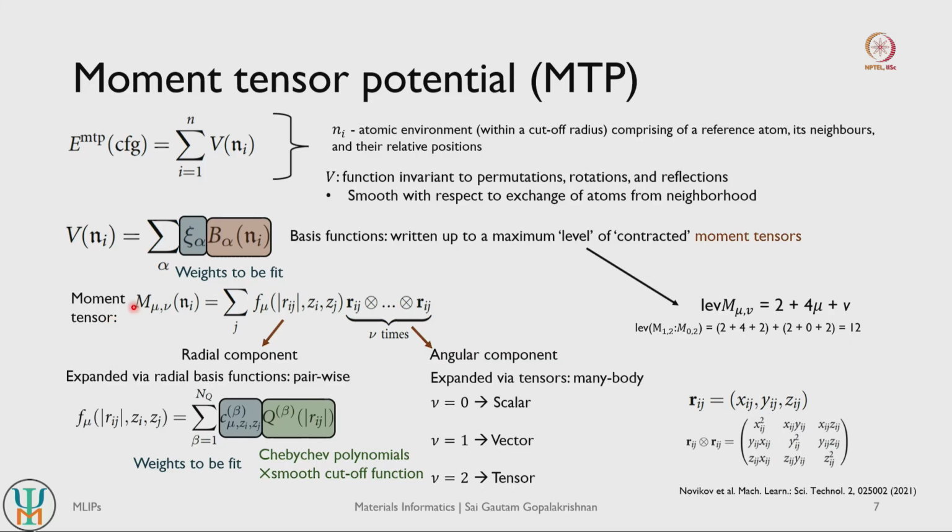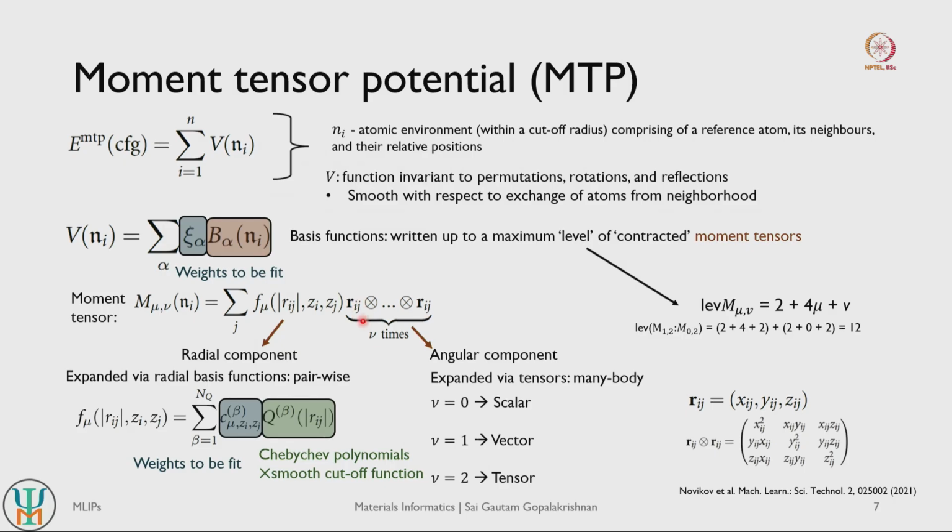So the moment tensor consists of the radial term, and it also consists of the angular term. The radial term is simply bond distance, and the angular term refers to the orientation of atoms within a given sphere or bonding environment. The way these angular terms work is we take outer products of the vectors that connect the central atom to one of its neighboring atoms.